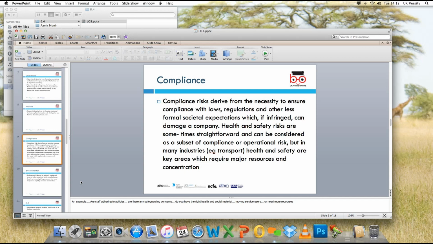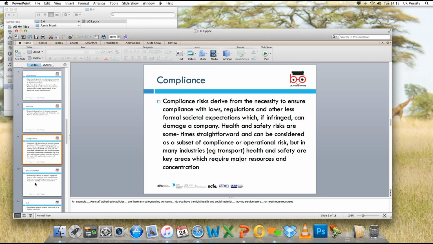Yeah, you can take one key area and link it through to show that even though it might be a financial thing, finance can link to policy, and link to compliance. One theme could run through all of them. You don't have to take different themes, but you can if you don't feel one theme fits what you want to speak about.